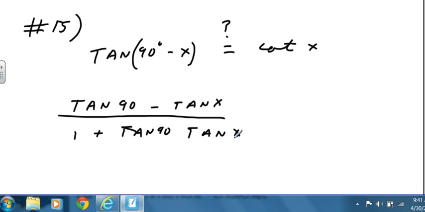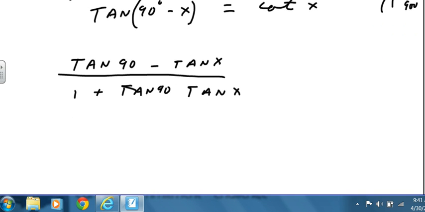Now, the problem with that is that tangent 90 is undefined, right? The tangent function does this, and at 90 degrees it's over there at infinity, and it's undefined. So how am I going to figure that out anyway?